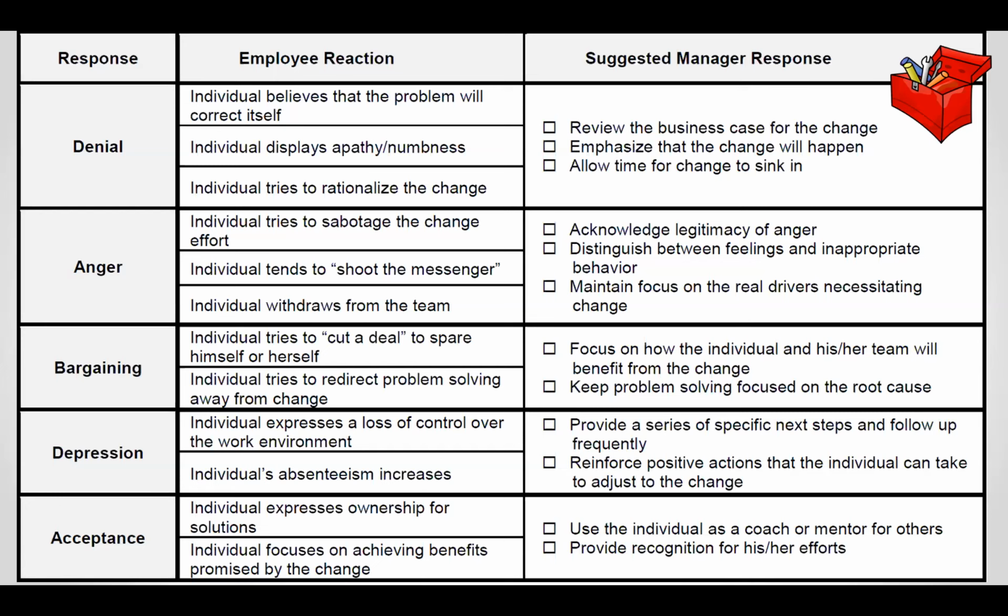And so I try and start blaming the manager who gave me this message, right? So shoot the messenger. Or in a fit, I withdraw from the team, or I call up some uncle who's a politician to see if I can reverse this change. Things that I would do in anger.